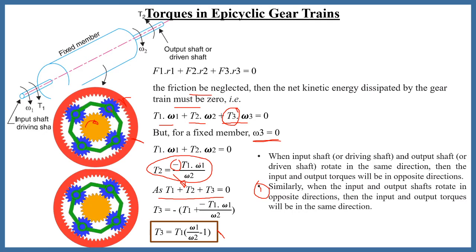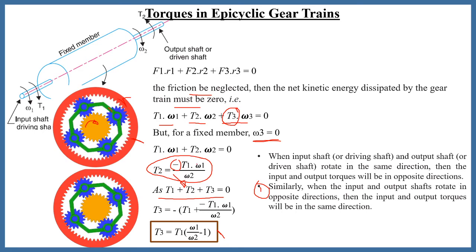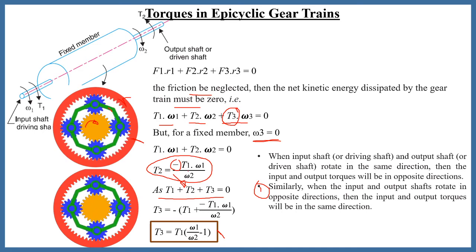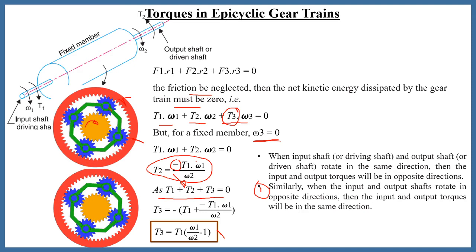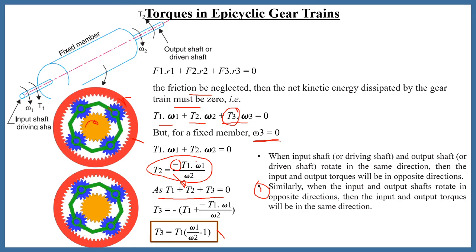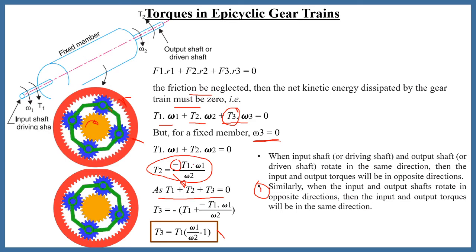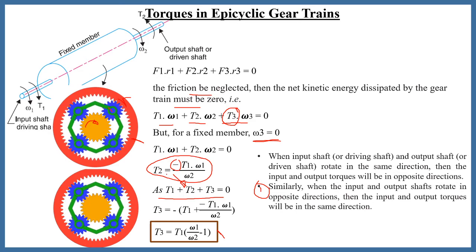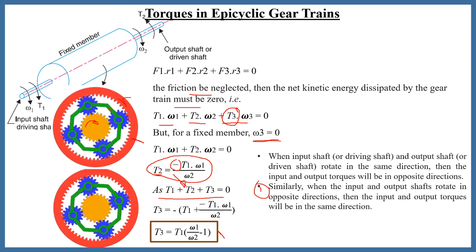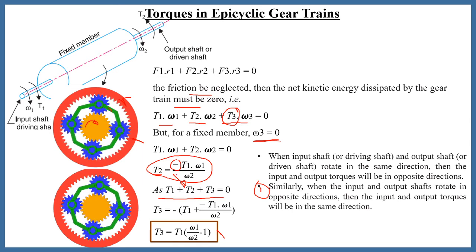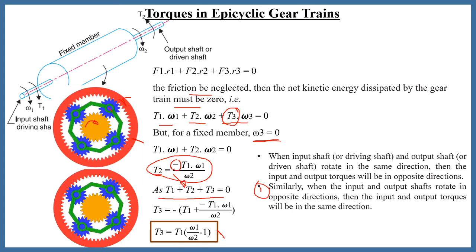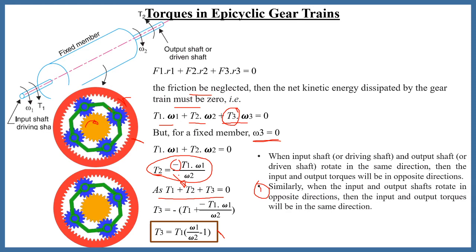Similarly, when omega 1 and omega 2 rotate in the opposite direction, these two torques T1 and T2 are in the same direction.